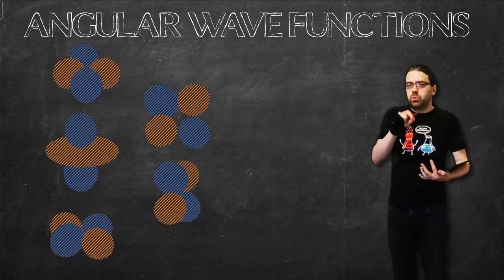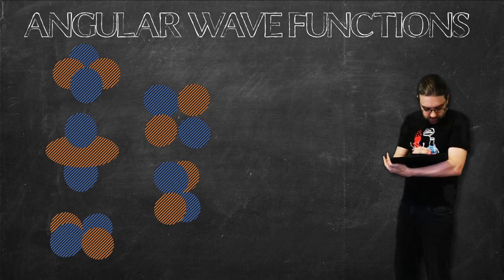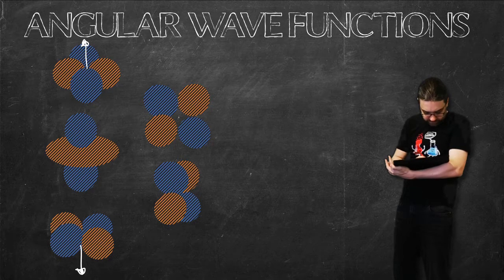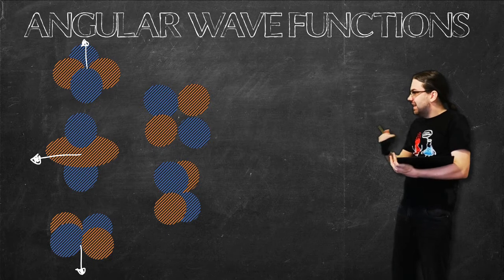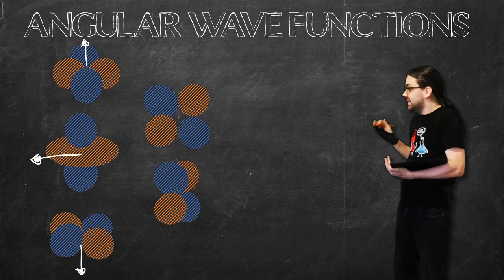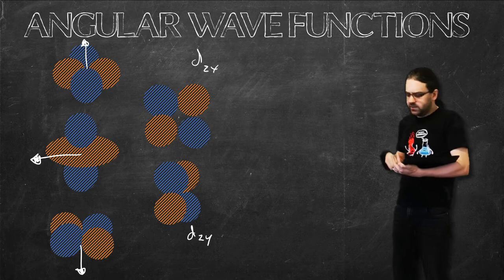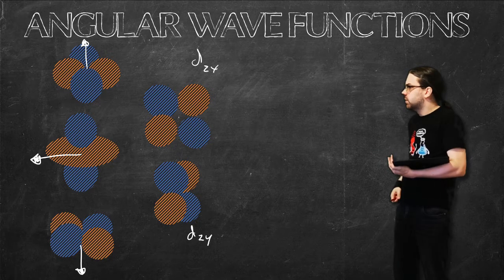But that's not the only d orbital we have, 5 of them. So we have one where the angular momentum is pointing up, one where the angular momentum is pointing down, one where it's pointing completely in the xy direction, no z at all, and these two others, the dzx and the dzy, or yz and xz, I can't remember which way around it goes, it doesn't matter.